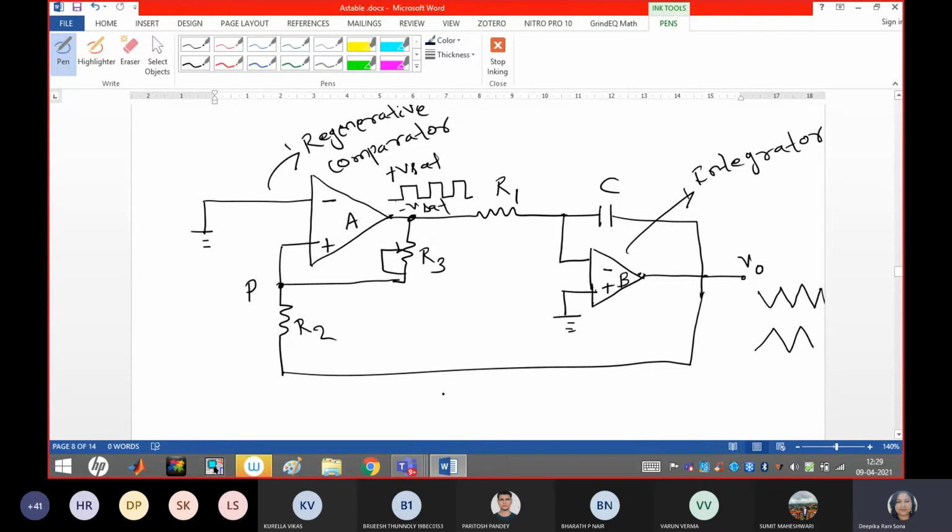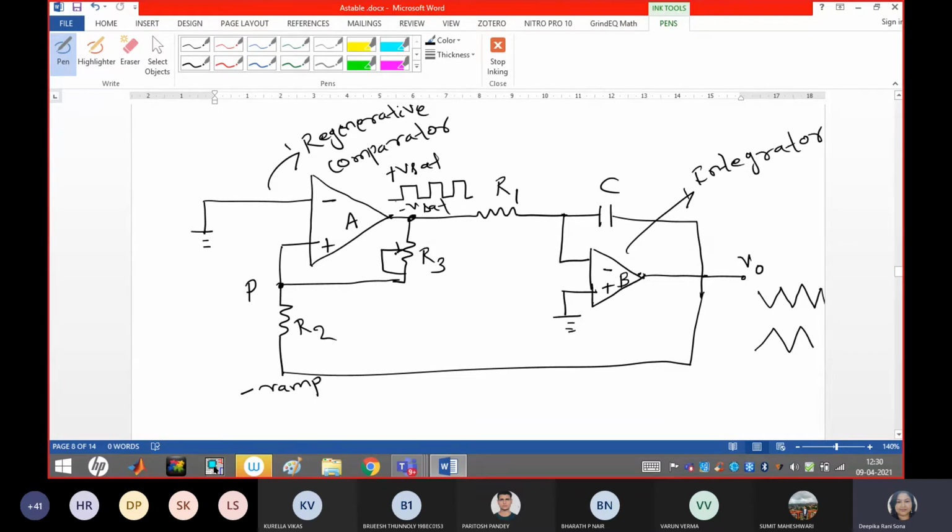So here what do we get? We will get a negative ramp here, and where do we get a positive ramp? No, the triangular wave is nothing but a generation of plus minus V ramp.